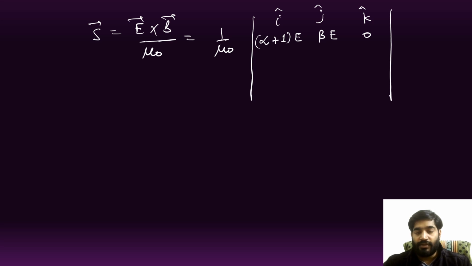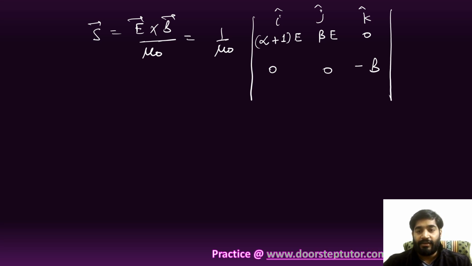Similarly, if you see for the B vector, it's 0 for I cap, 0 for J cap, and minus B for K cap. This is what we got. Clear? Now you can just solve this. So if we solve, you can easily see that this is beta. Don't get confused, this is beta.